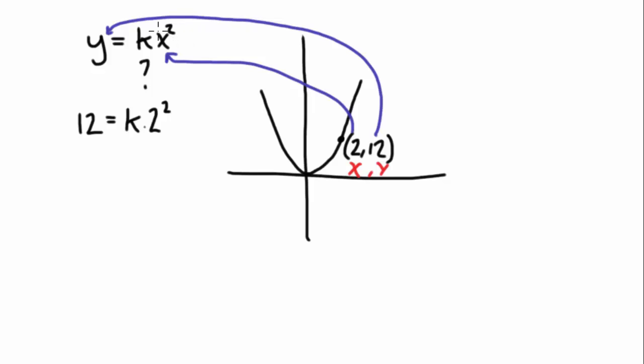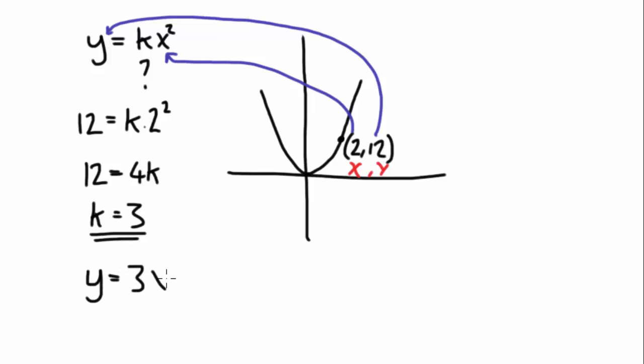So you end up with 12 equals, obviously 2 squared is 4, 4k, therefore k equals 3. So 3 times 4 is your 12. You can write it to say y is equal to 3x squared, because we now know the value. That's your answer, and that's question 6.